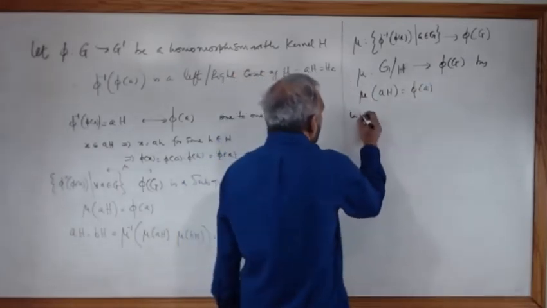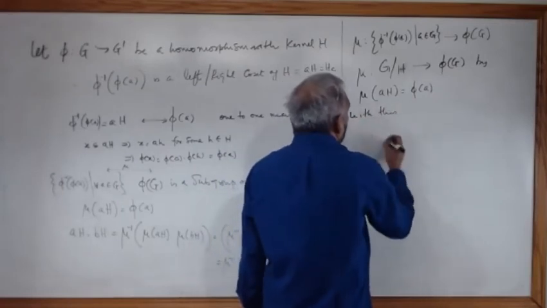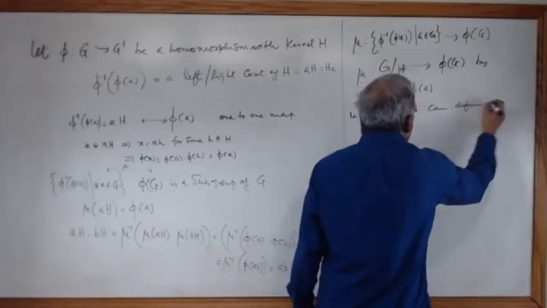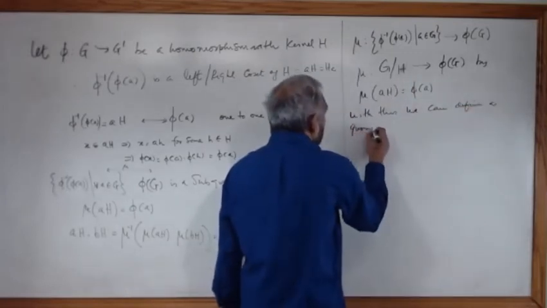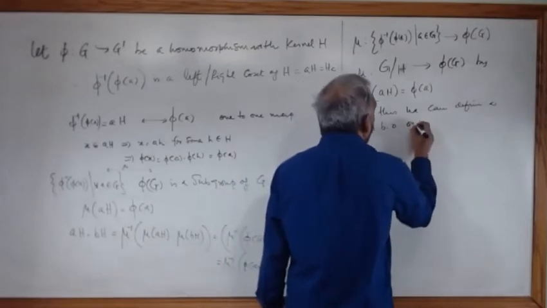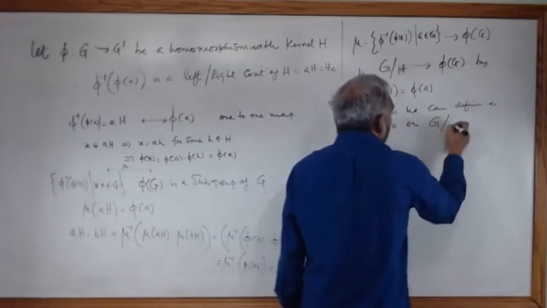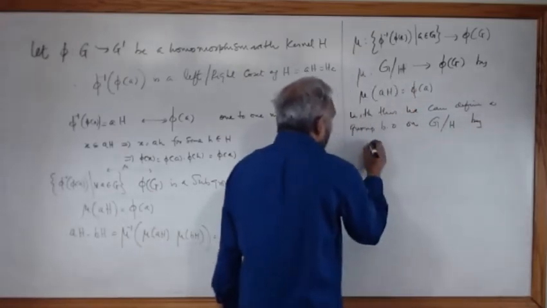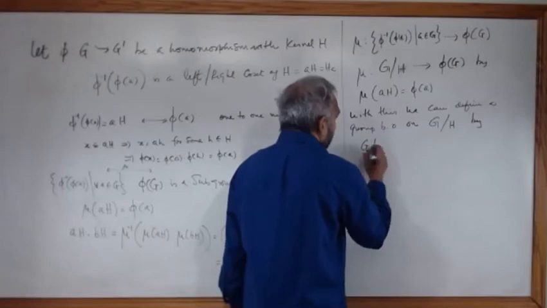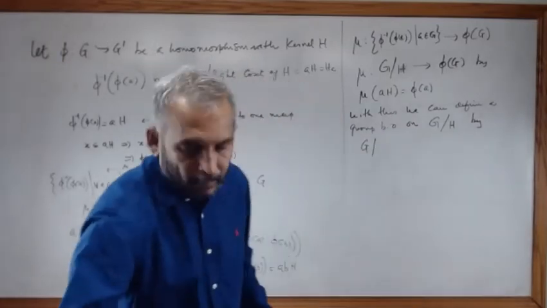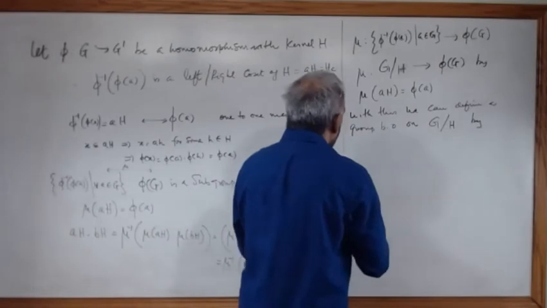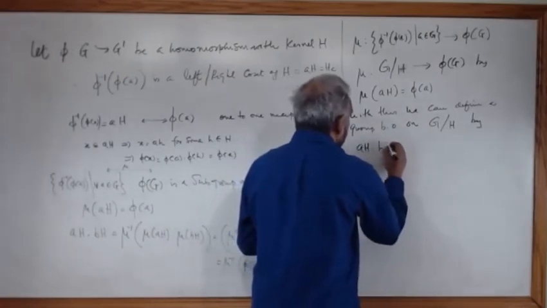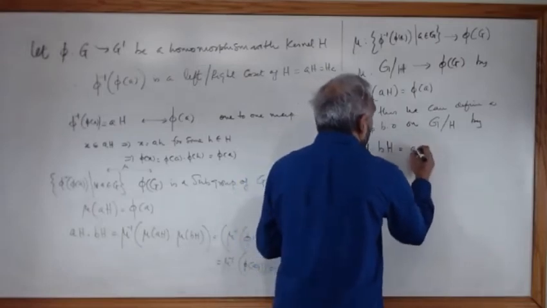With this, we can define a group binary operation on the collection of cosets of H, G over H, by aH times bH is equal to abH.